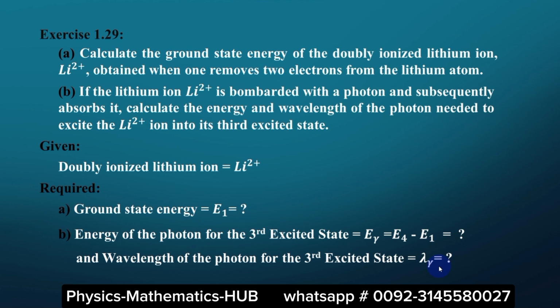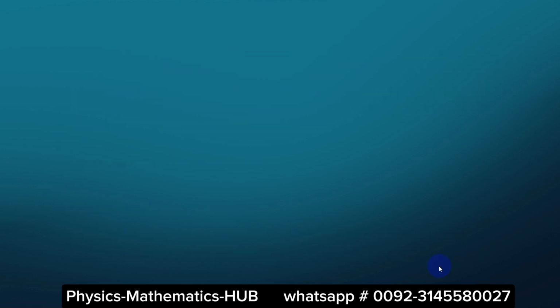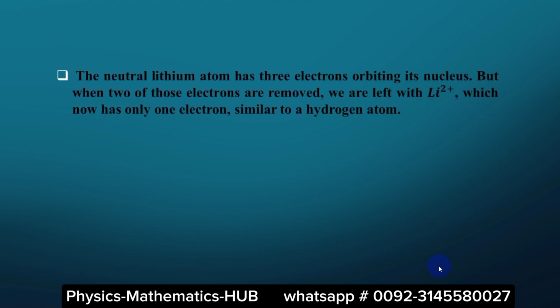Before diving into the solution, let us first introduce you to the doubly ionized lithium ion. The neutral lithium atom has 3 electrons orbiting its nucleus, but when 2 of those electrons are removed, we are left with lithium 2+, which now has only 1 electron, similar to a hydrogen atom.